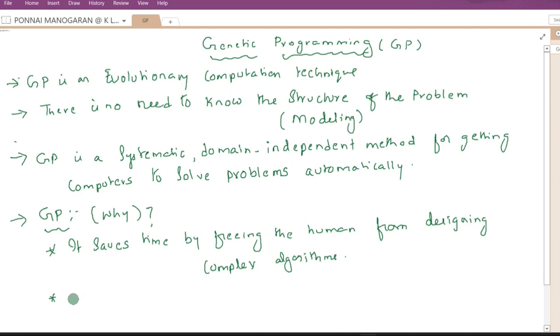Automatically it will frame its own modeling equation to solve a particular problem. Okay. By doing so, it will give us optimal solutions. That is a specialty. You will see when we are discussing some examples.